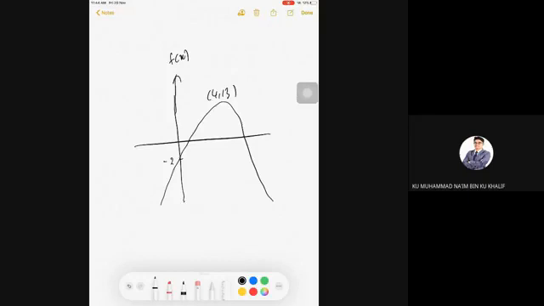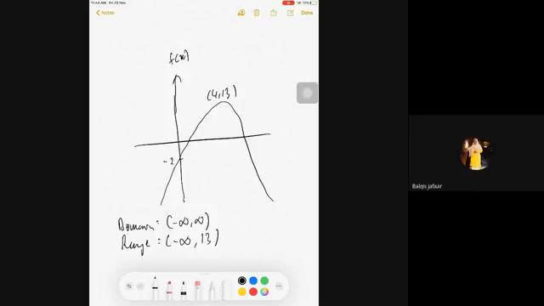And then your domain is negative infinity to infinity, and range is negative infinity to 13. Okay, is it the same with you guys? Yes, the same. Okay, good.